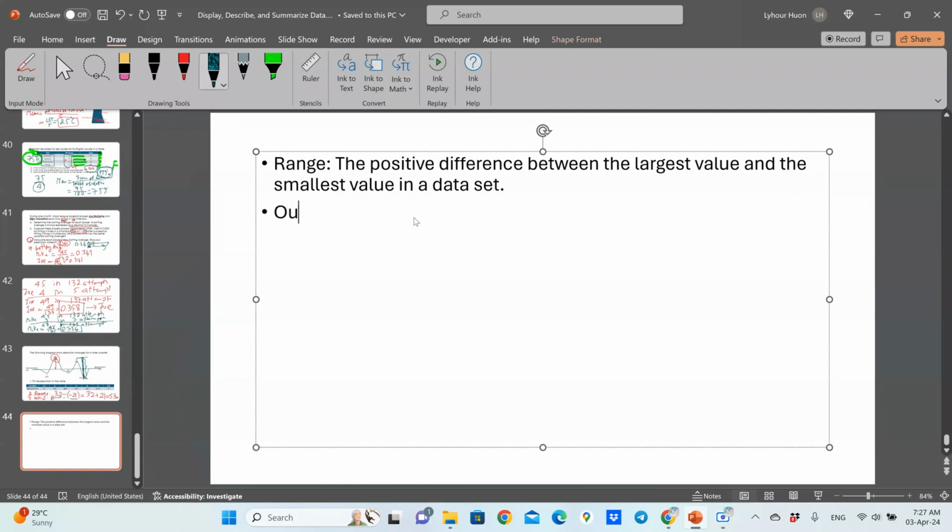And an outlier is a value that is much smaller or larger than the other values.